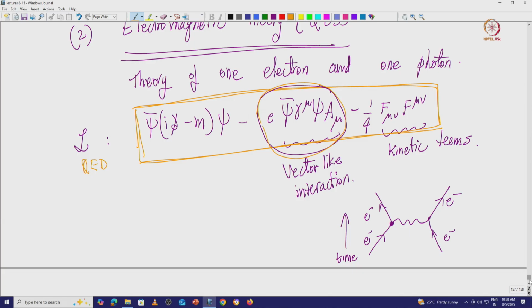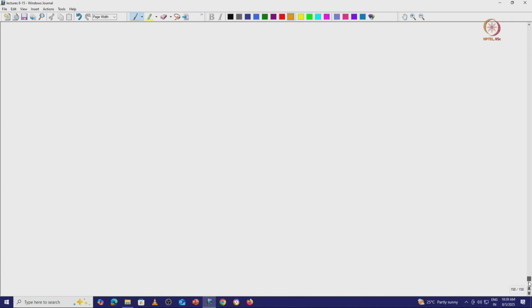So an example would be an electron coming in and going out in time, and while going out it sees another electron at some distance and emits a photon which is absorbed by the other electron. This interaction can be described by quantum electrodynamics by the above Lagrangian, which is the Lagrangian of QED. We keep coming back to the QED Lagrangian again and again.